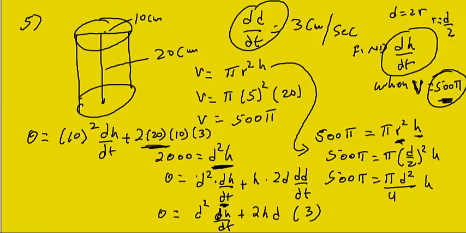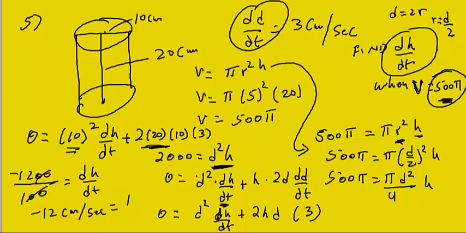That's 20 times 10 is 200 times 3, which is 600. 600 times 2, which is 1200, minus, and this is going to be 100, all that over 100 is equal to dH/dt. And of course, this is going to be negative 12, and this is in terms of centimeters per second, which is dH/dt.